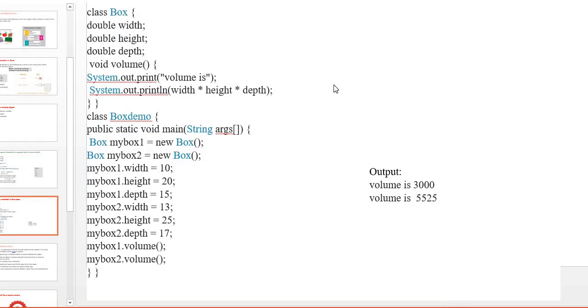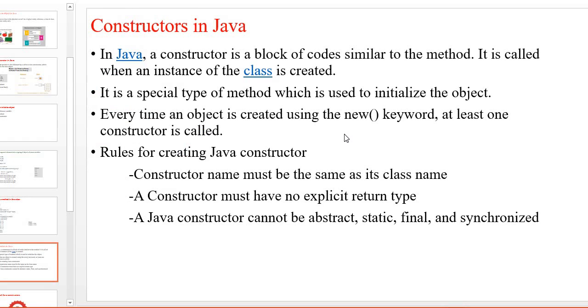Next is constructors in Java. This is a very important concept. In Java, a constructor is a block of code similar to a method. It is called when an instance of the class is created. It is a special type of method which is used to instantiate the object.